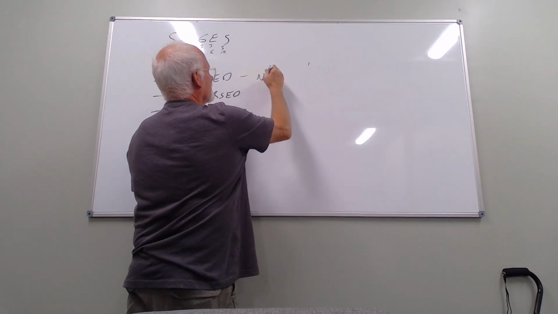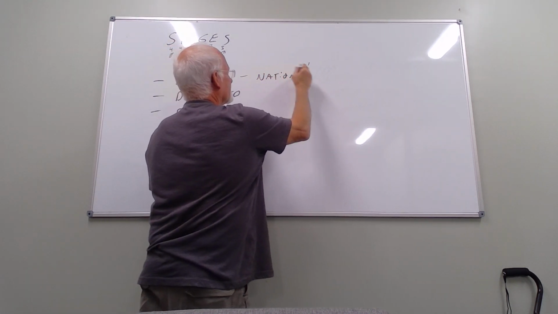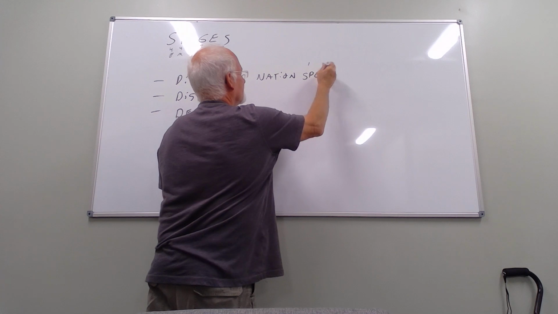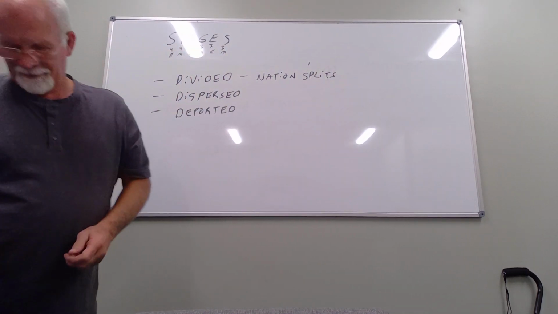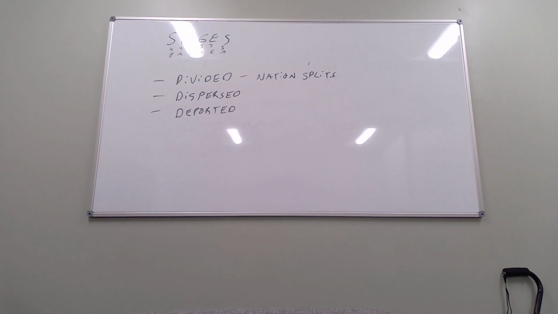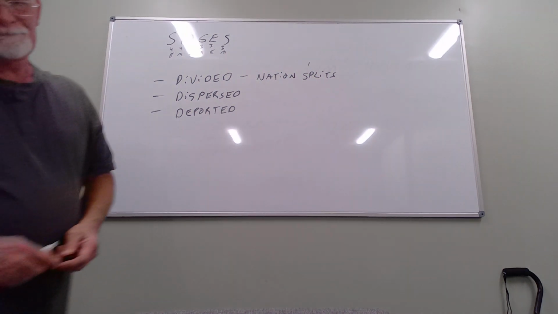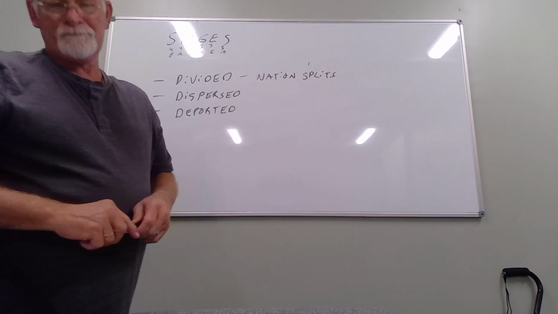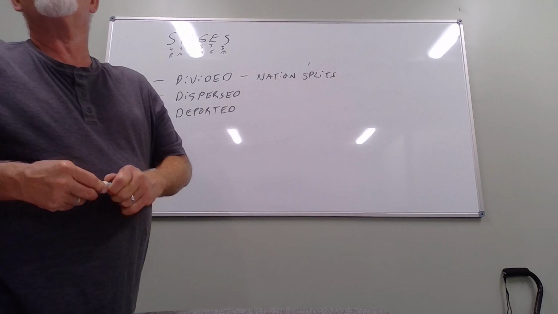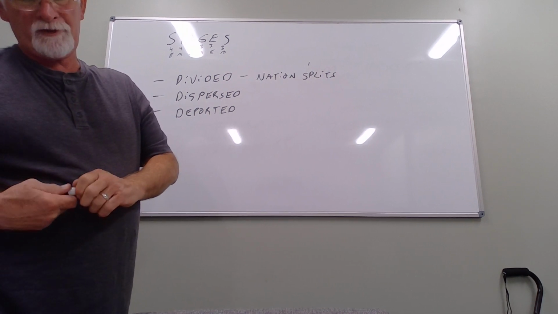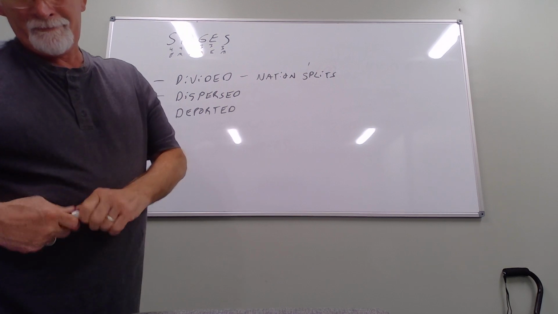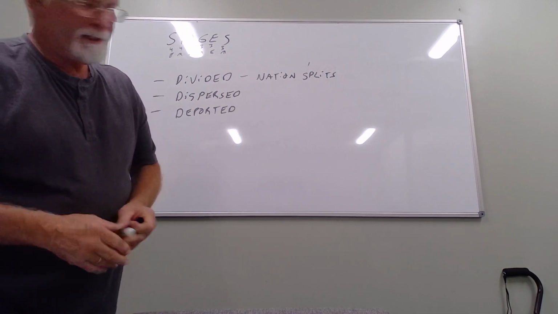What happens here is the nation splits. The nation actually splits in half. That's where Judah and Benjamin are on the lower half, and the other tribes are on the top. Yep. Exactly. Good thought, Holly. So they split.